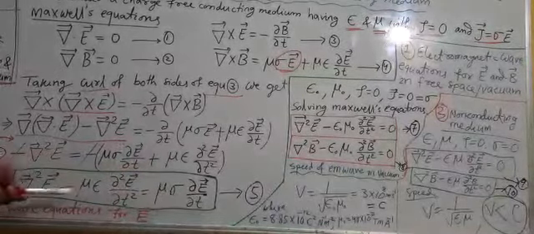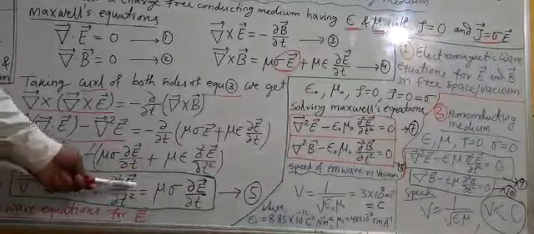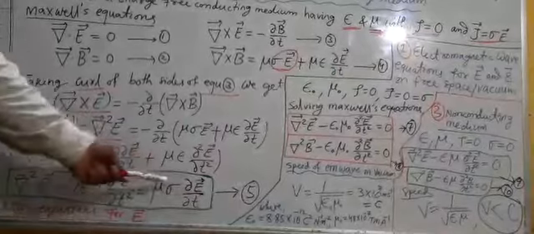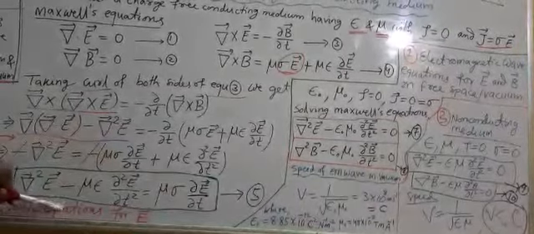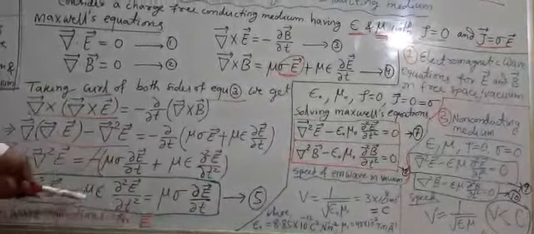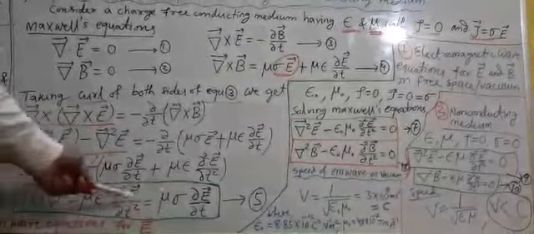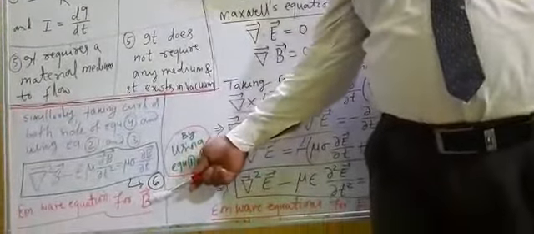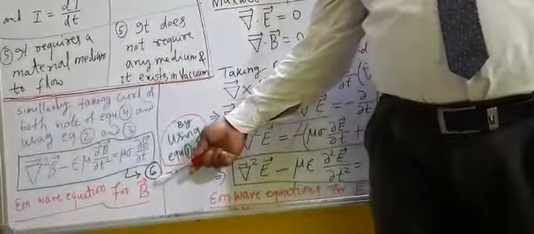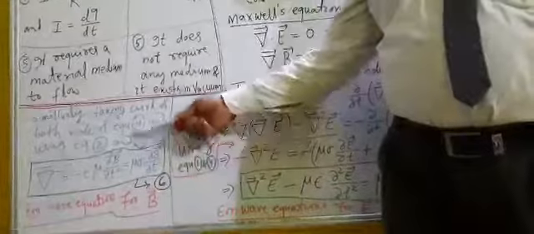Everywhere it is E; in all three terms the electric field is there. So you can say it is the wave equation in terms of the electric field. Equation 5.